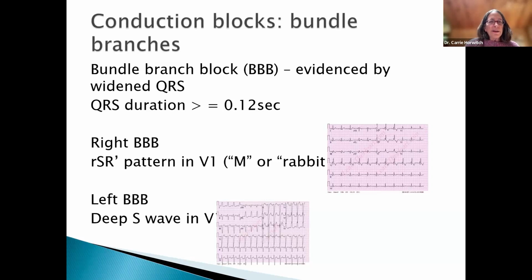You can see that I showed some pictures of that as well. So remember, if the block is on the right side, the left bundle is going to contract first and then the right. That's why you will get two R's, okay? And same thing on the other side. If you have a left block, then the right is going to contract first and then the left bundle. Next slide.